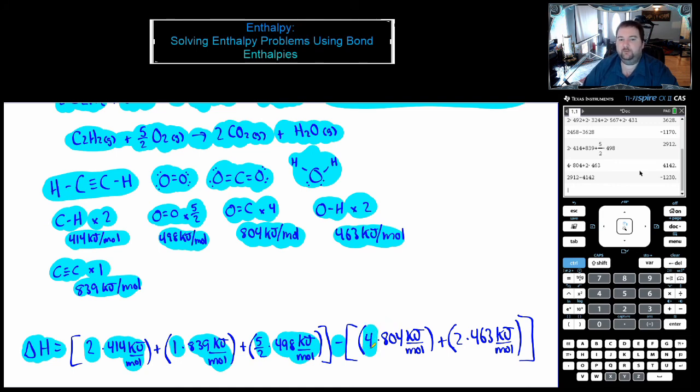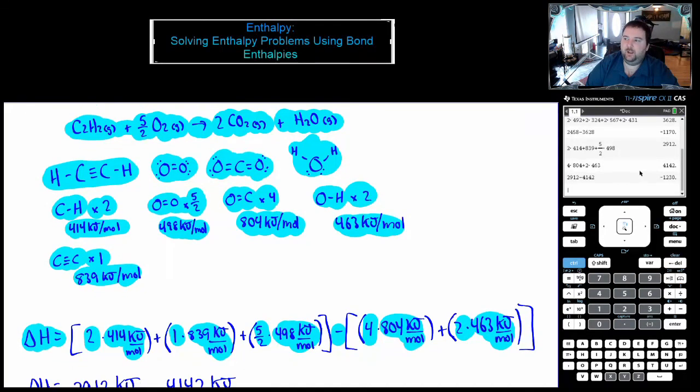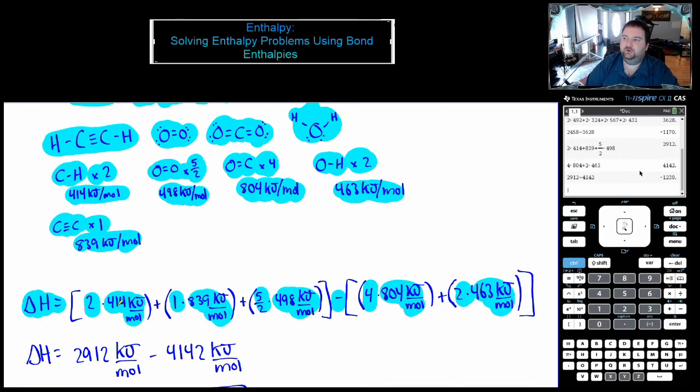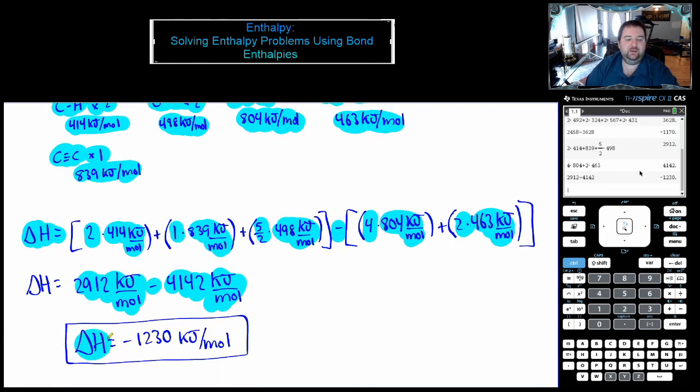And so we're forming 4 carbon oxygen double bonds and 2 oxygen hydrogen bonds. Now, of course, you can see in the calculator there, when you add them together, you get 2912 kilojoules per mole minus 4142 kilojoules per mole, and that is a delta H of negative 1230 kilojoules per mole.